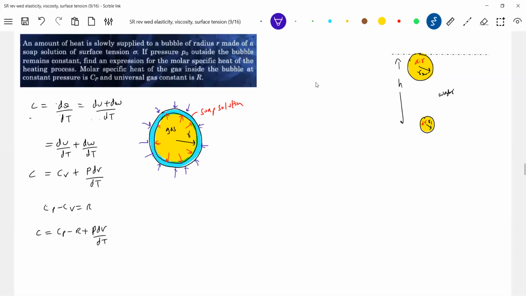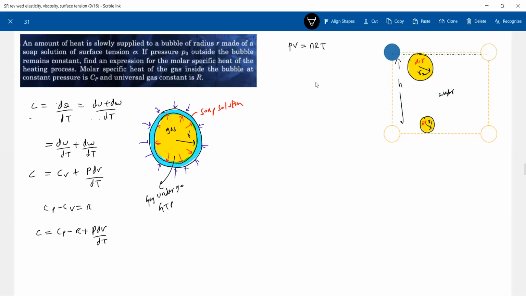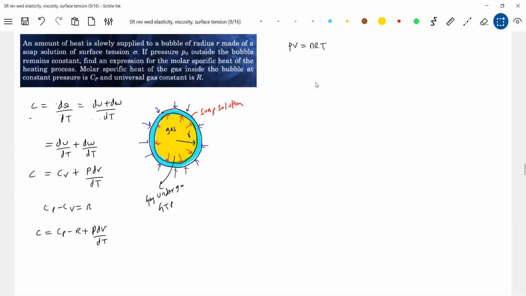So the gas here, we are not very sure what process. So the gas undergoes a GTP. Okay, let's get into this one. PV equals nRT. I'll differentiate it: this will be P dV plus V dP equals nR dT.